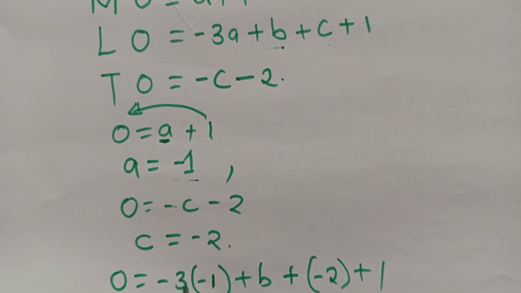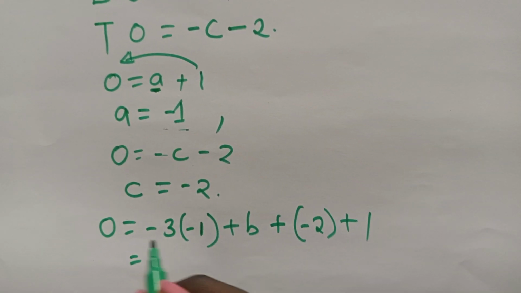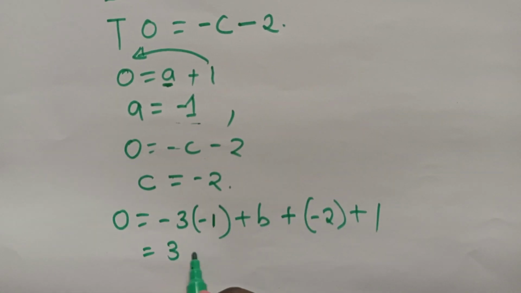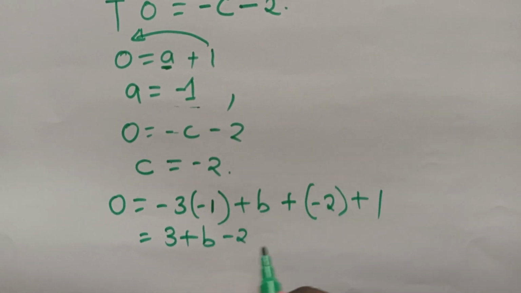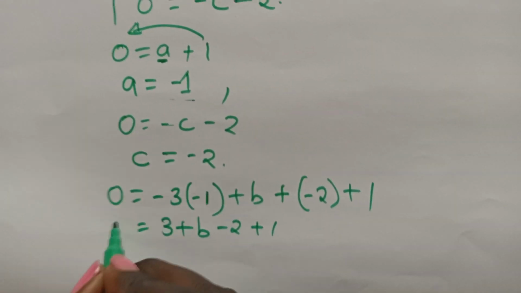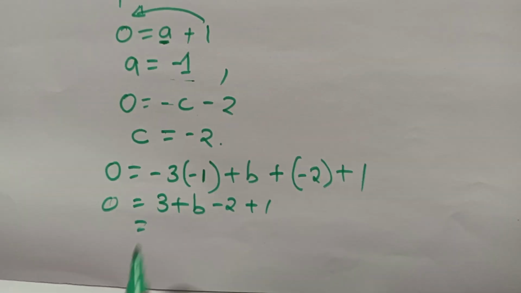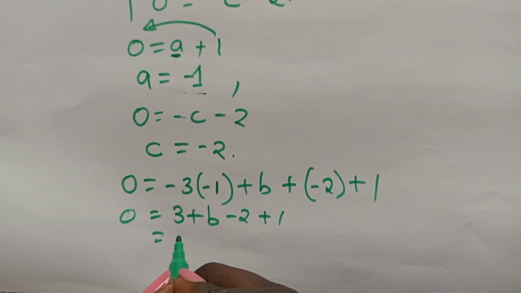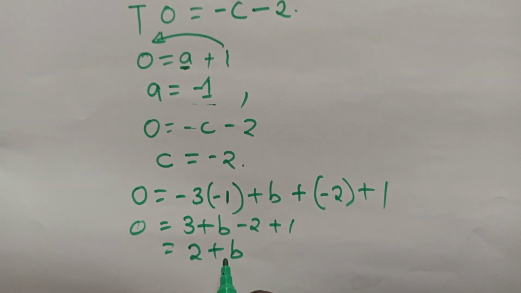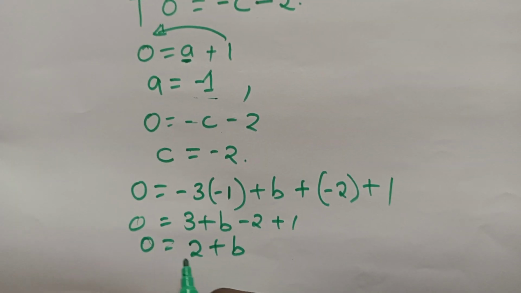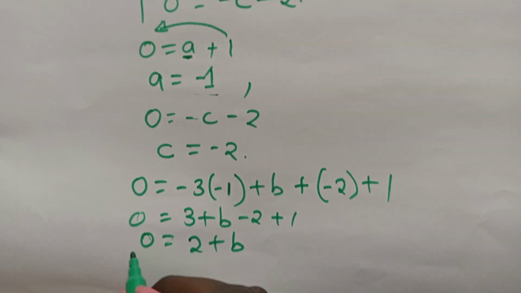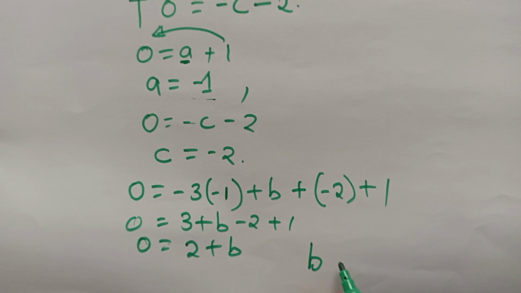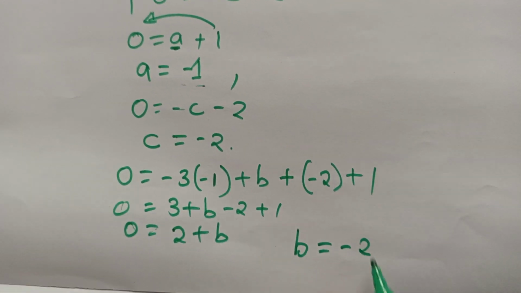So if we open this bracket, we always know from mathematics that 2 minuses will simply be positive. So this is 3 plus B minus 2 plus 1. So this is still 0. So this is 3 plus 1, 4 minus 2 to give us 2 plus B. So it would be simple for us to take 2 on the other end. So the value of B here would now be negative 2.